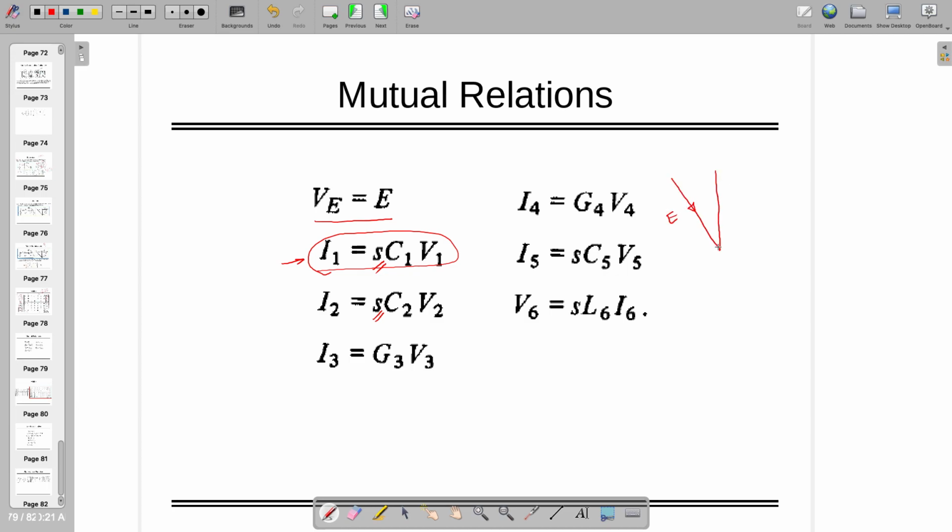So in that case, this was E. One, two, three, four, five, six. You need to write down all the equations, and on this particular edge, whatever current or voltage is flowing, you need to write down in the formulation which we learned, where I2 will be SC2 times V2.